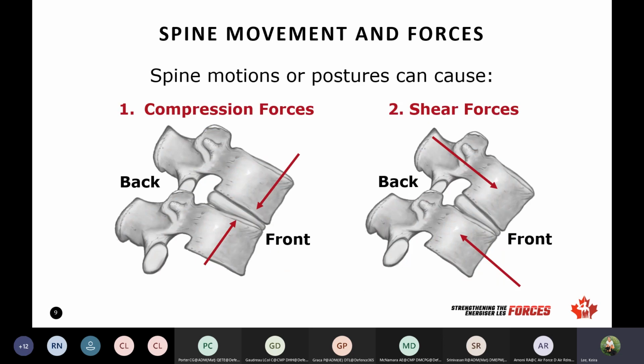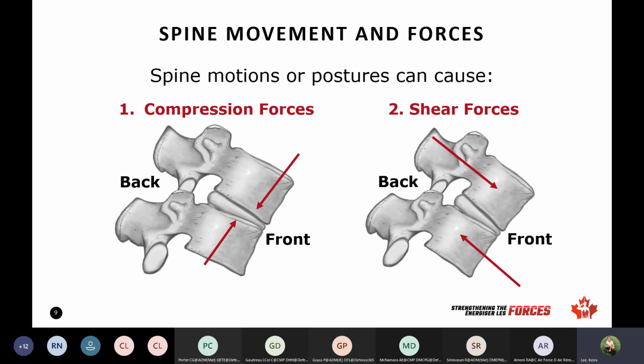So as I mentioned, when our spine flexes forward, so that's any motion of bringing the head towards the knees or knees to chest, that's forward flexion, it's going to create tension on our spine structures. And these spine structures also experience tension when our spine turns or rotates. So we're going to talk about two main forces that are exerted on our spine, and that would be compression forces and shear forces.